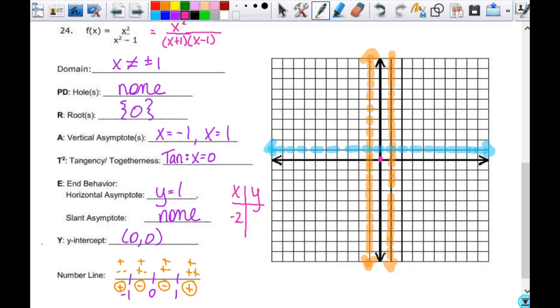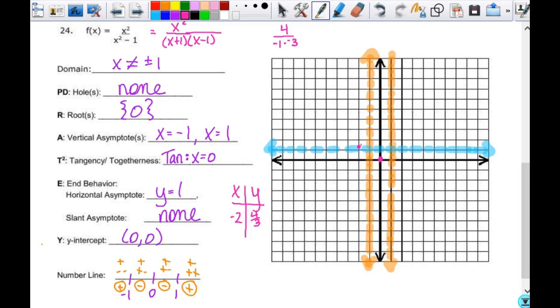If I plug in negative 2, squared is going to give me 4. Then negative 2 plus 1 is negative 1, times negative 2 minus 1 is negative 3. So that gives me a positive 4/3. So I'm at negative 2, positive 4/3, which is just 1 1/3. So it's about right there.